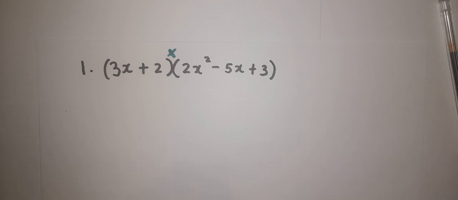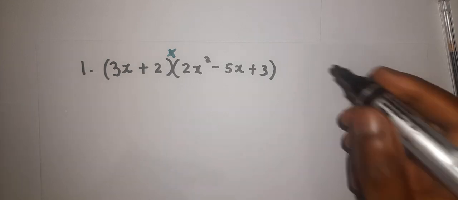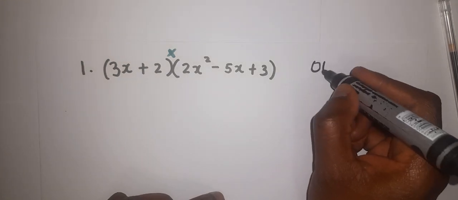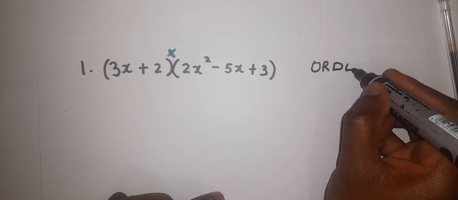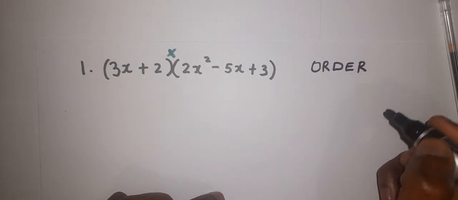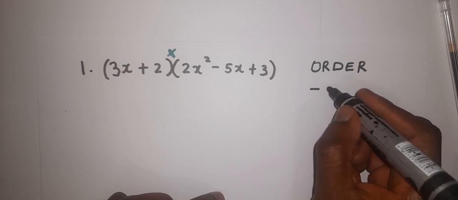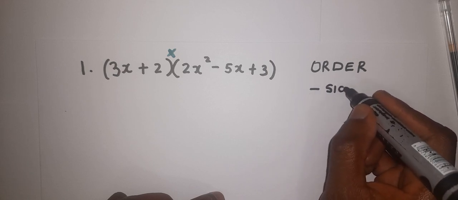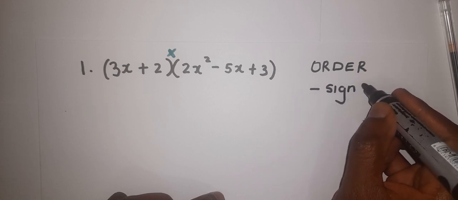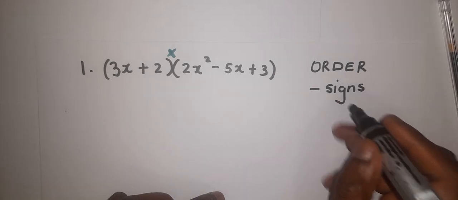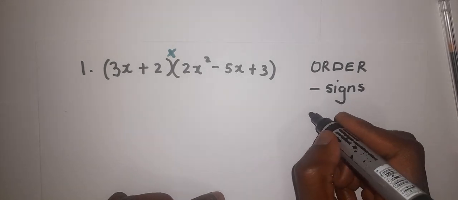So how I perform my multiplication, I always follow a particular order. This order tells me that before I continue with the expression, I first need to multiply the signs.